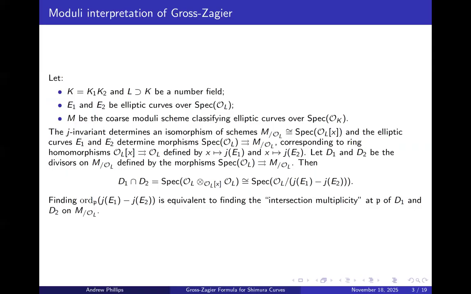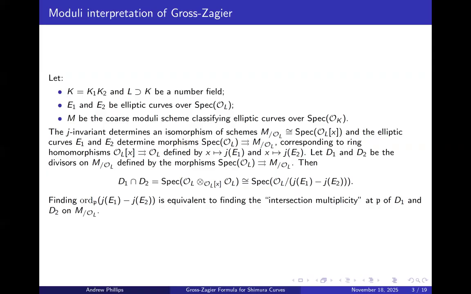So the setup for this is, let K be the composite of K1 and K2, which, since the discriminants are relatively prime, you can think of either as the tensor product of K1 and K2 or the composite of the two. Let's just fix some extension L of K, some number field. If you start with 2 elliptic curves over OL, the ring of integers in L, we look at the coarse moduli scheme classifying elliptic curves over OK.